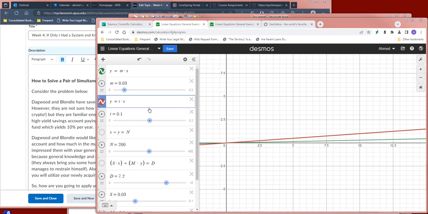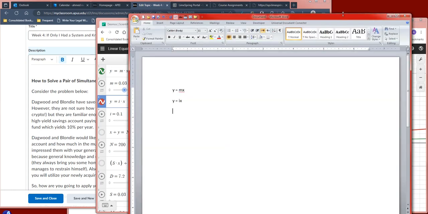My slight problem on the graph is that I'm using Y in both places, right? This is the first equation, this is the second equation.